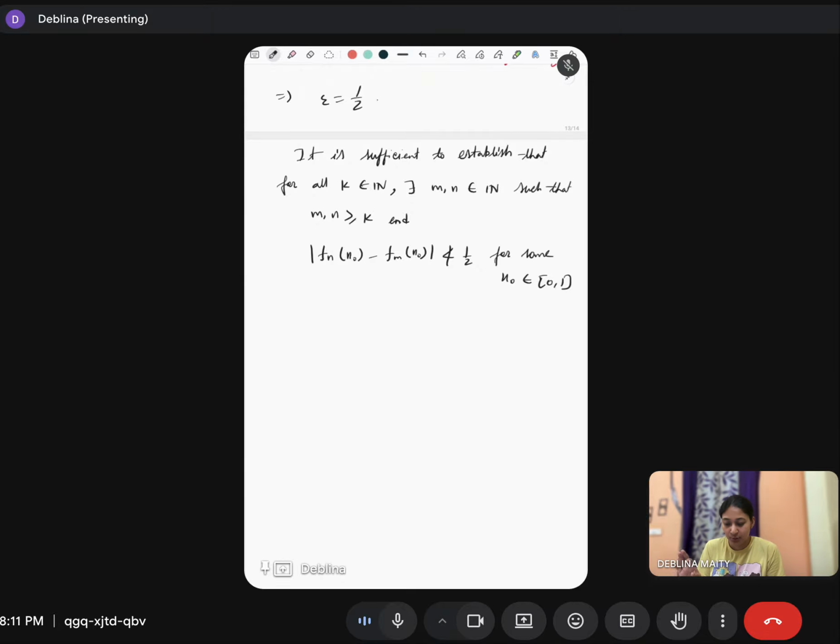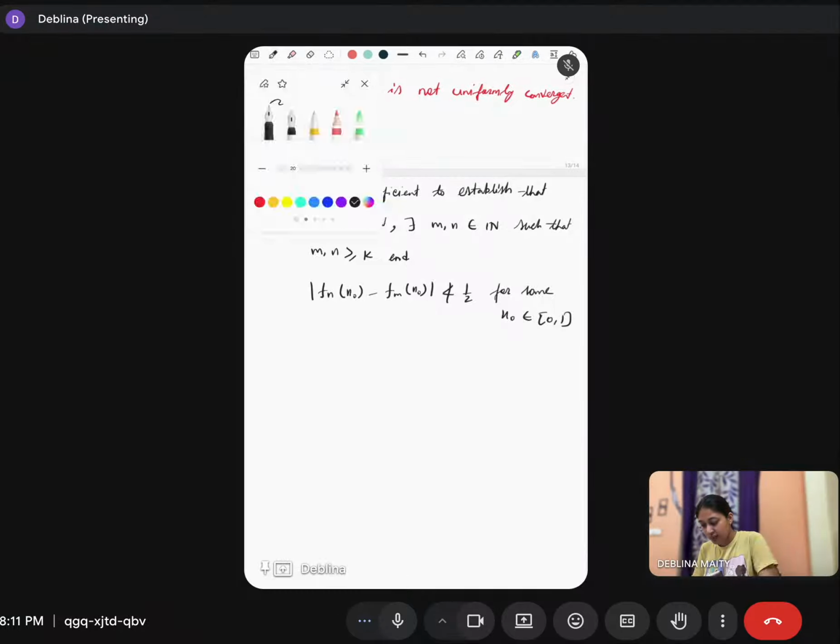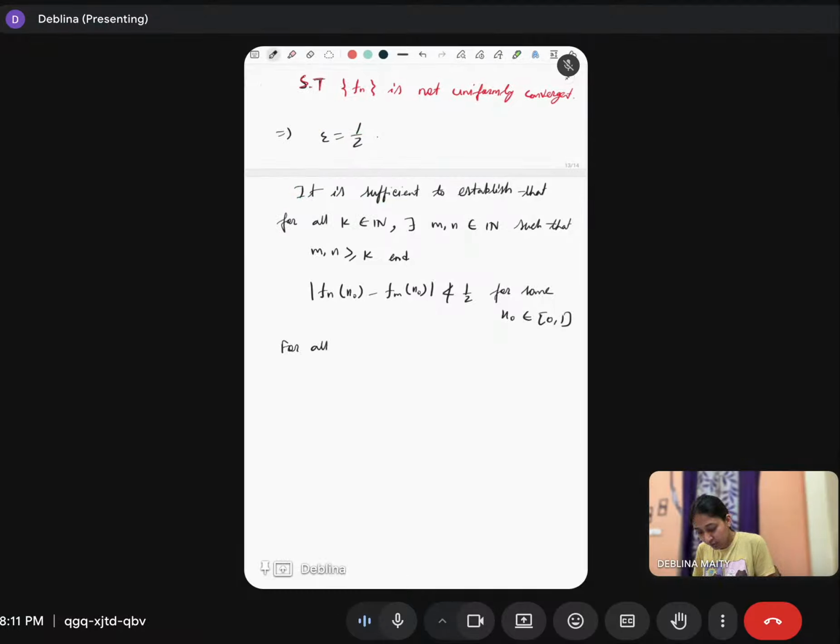So we have already chosen some epsilon. Now for all k we have to find this m and n, right? Now you see that for all k belonging to N, what is this fk(x)? fk(x) is 0 if x belongs to this set R1 to Rk, and otherwise it is 1.